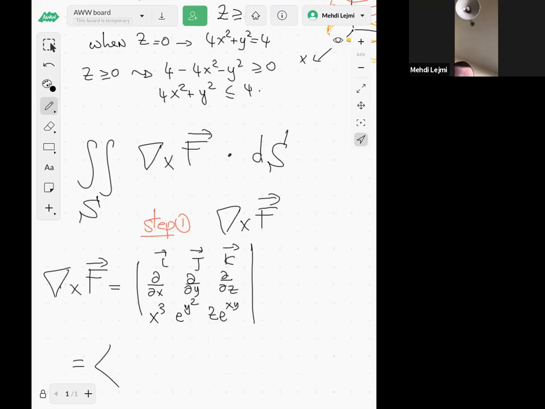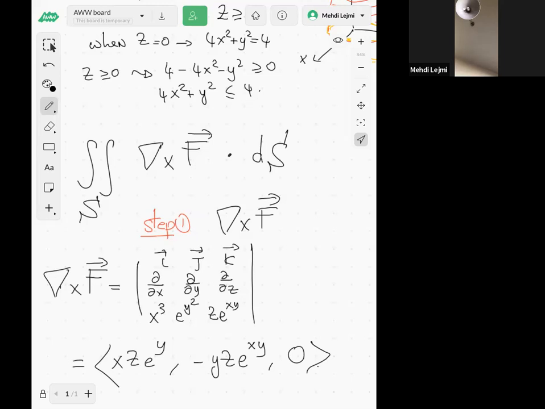The derivative with respect to y is going to be x z e^y for i. Now for j, it's going to be 0 minus y z e^(xy). And for k, the derivative with respect to x is 0 minus the derivative with respect to y is 0. So this would be 0 here.